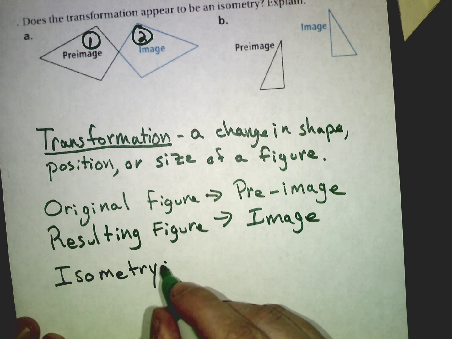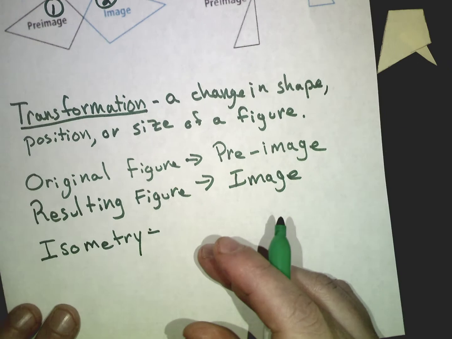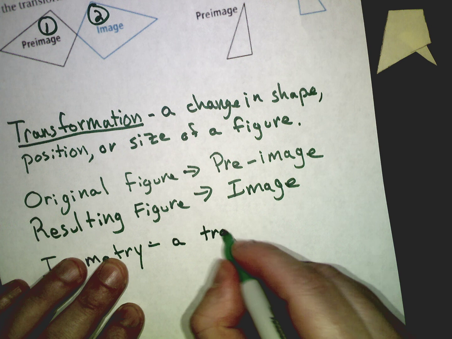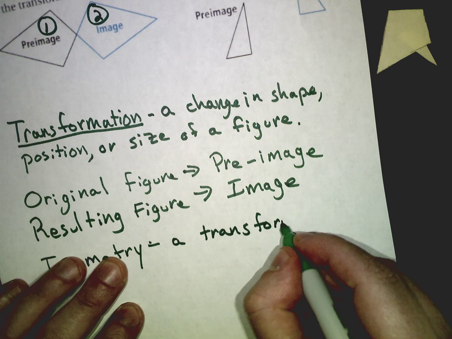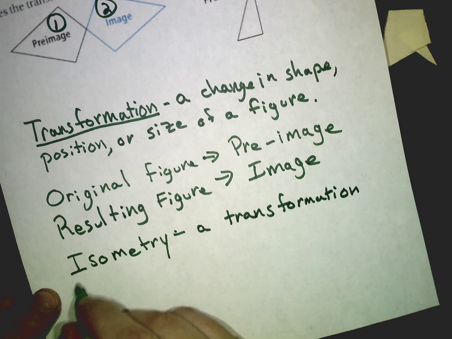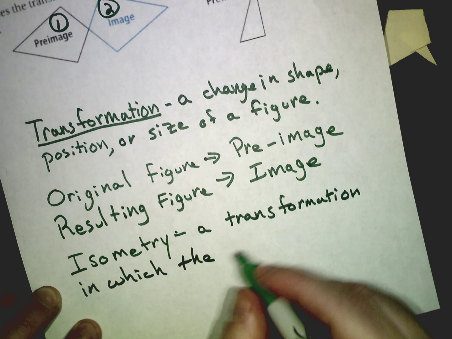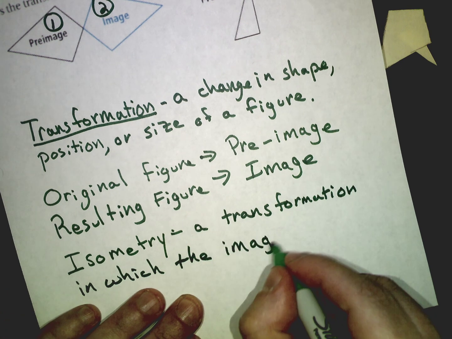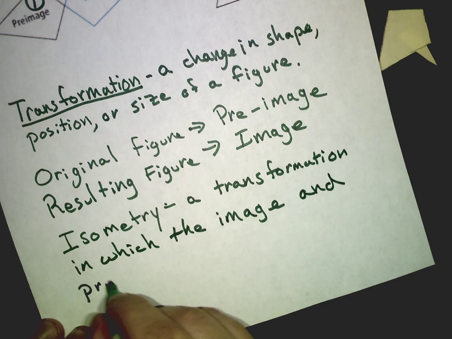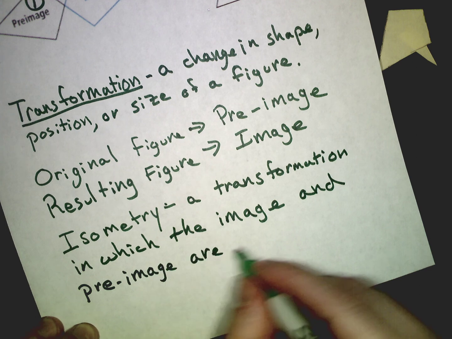Now this is a word they often test on the Regents. An isometry is a transformation in which the image and pre-image are congruent.